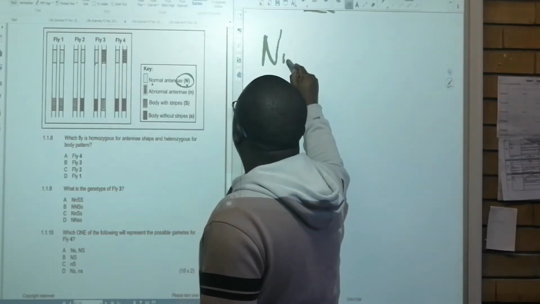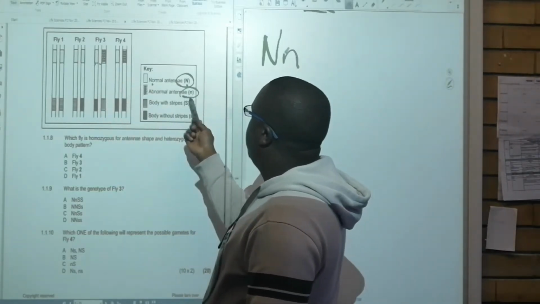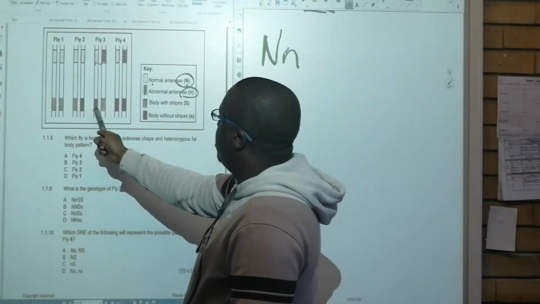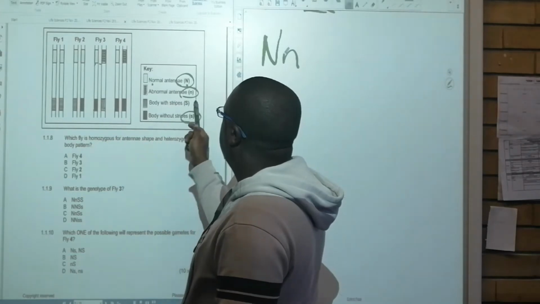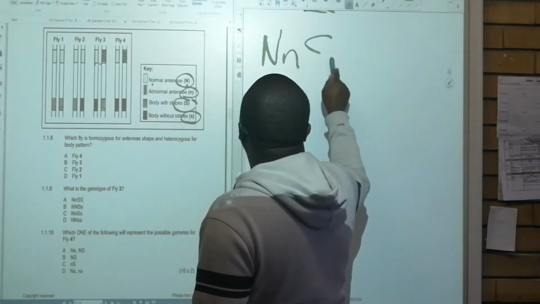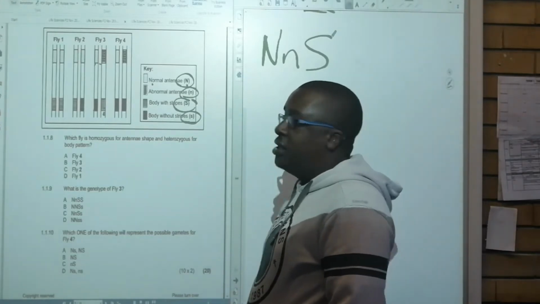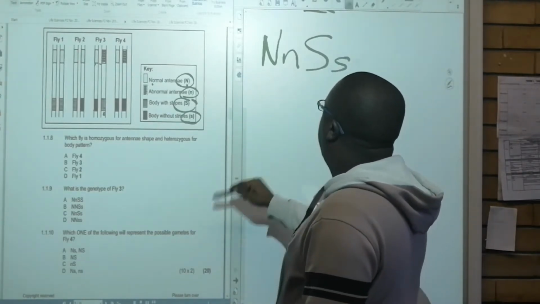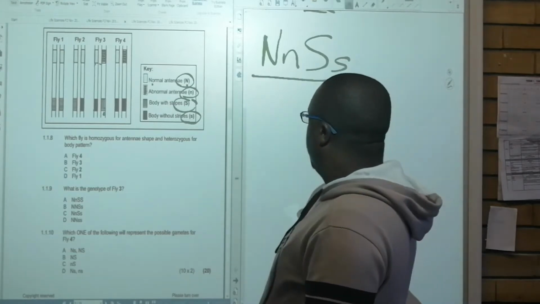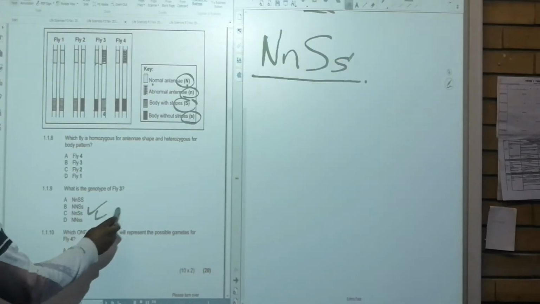That. Because this is this, and it is the recessive. What is this? And what is that? Why am I starting with this one here? Because it is the dominant allele. And then we finish with the recessive allele. This was the genotype. Which answer gives us that? It is C.